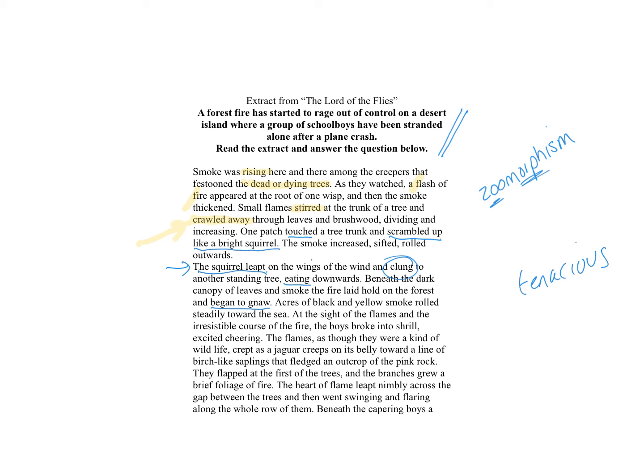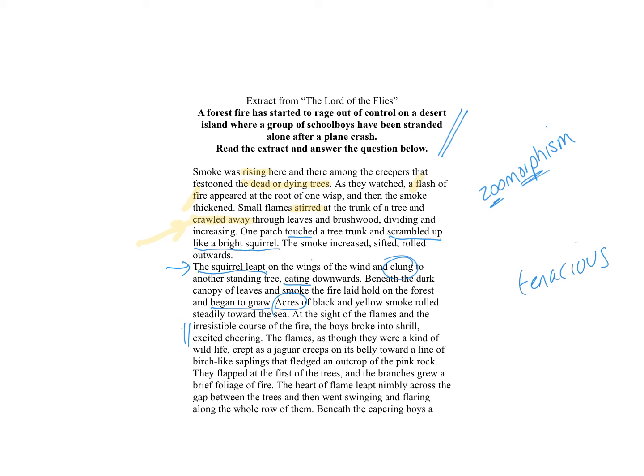A dog would gnaw a bone. You have the expanse of this fire. It's huge. It's being now measured in acres. It is giving the boys a kind of excited, dangerous hysteria. It's prompting this wild excitement in them, rather than them realising, in fact, that they've set their island on fire.